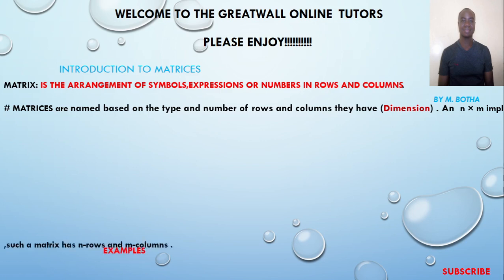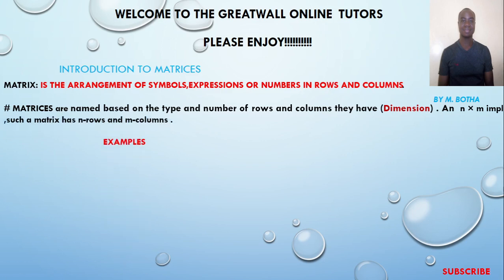For example, if we have an n times m matrix, which is an n by m matrix, such a matrix implies that it has n number of rows and m number of columns.